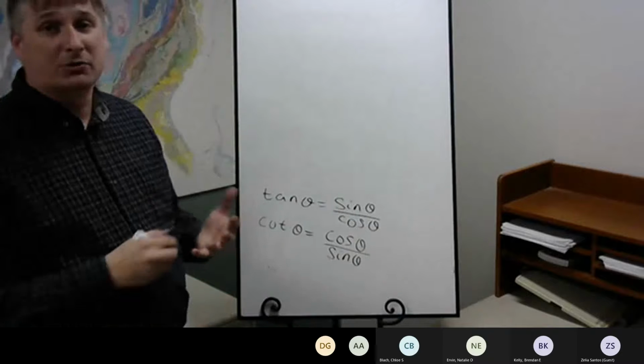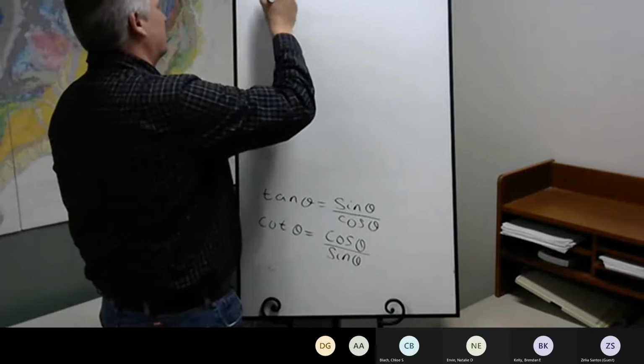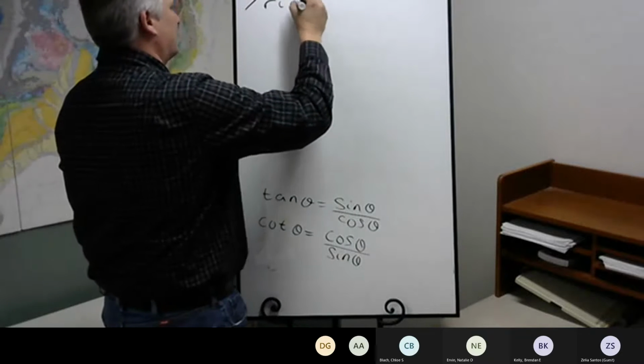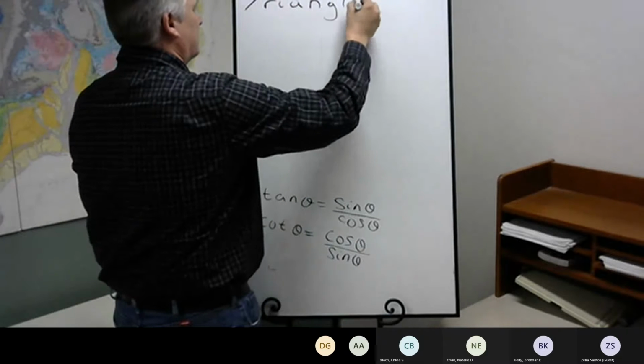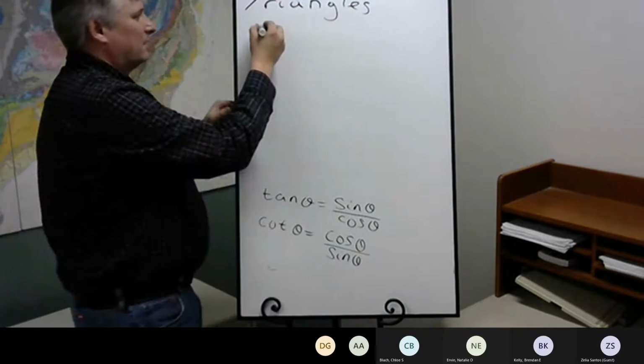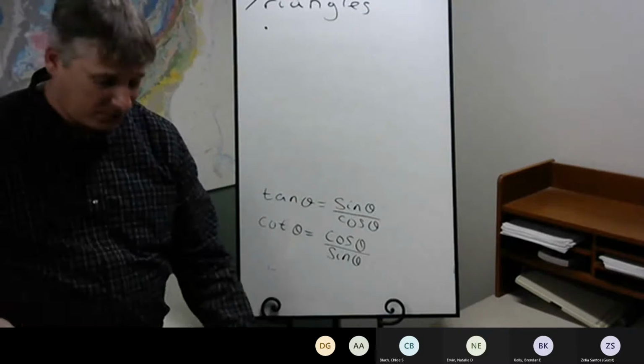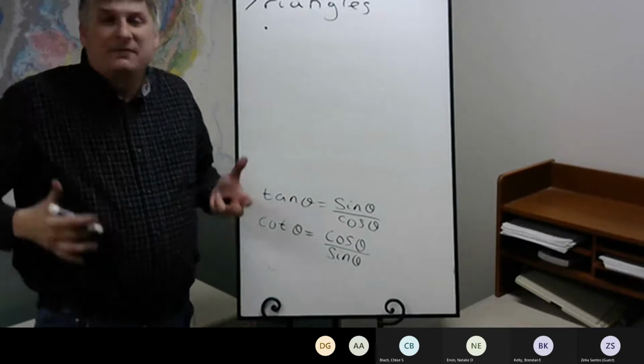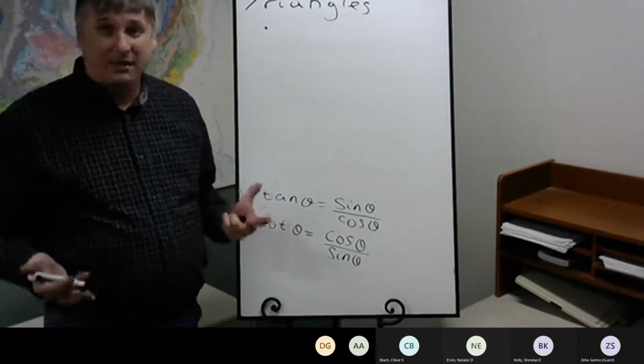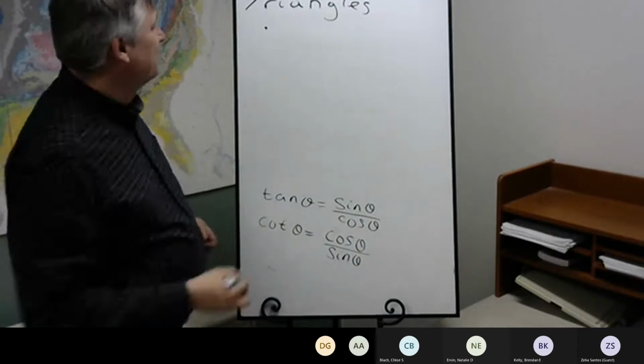So next, I just want to talk about triangles. And these are just formulas we can use to help solve triangles, or find the lengths of the sides, find the angles on the inside.